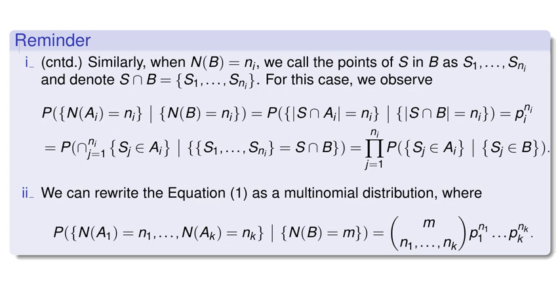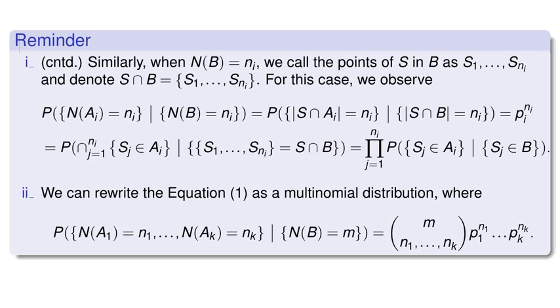Continuing, if we are given that N of B equals n_i, and if we denote the points of S in B as S_1 through S_n_i, so S intersect B is the set S_1 and so on till S_n_i, the probability that N of A_i equals n_i, given N of B equals n_i, is p_i raised to the n_i.